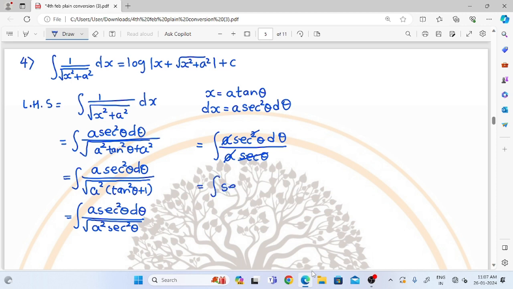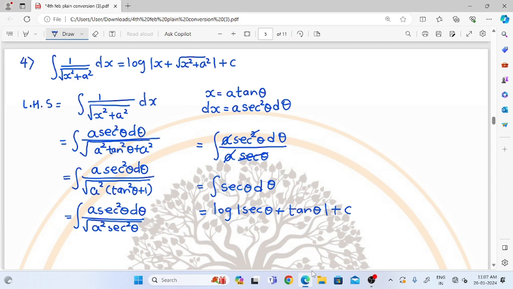Integration of sec theta into d theta. Okay. Now we have to just use the formula of integration of sec theta, that is nothing but log of sec theta plus tan theta plus c.